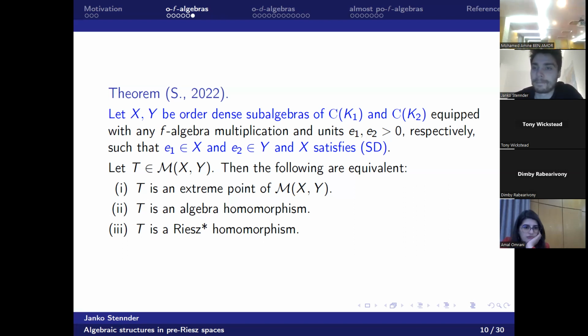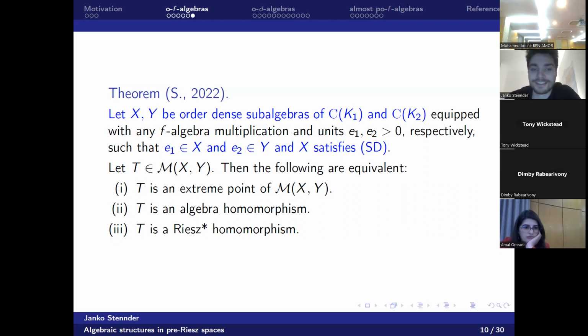Thank you. But I think that if we have an algebra homomorphism, maybe we can show that it is a Riesz star homomorphism without any extra condition. If you know how to do it, then please let me know.